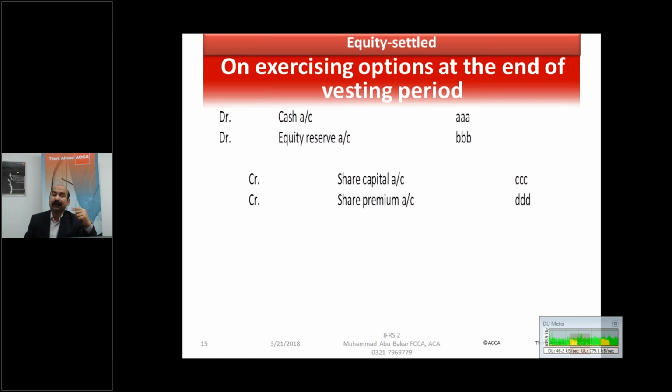So these two accounts will be debited because you are not only receiving cash, but at the same time you have developed a reserve over the vesting period. Credit share capital with an amount equal to the number of shares issued into face value of those shares. So the balancing figure will be share premium. This is very simple. That will become the balancing figure.